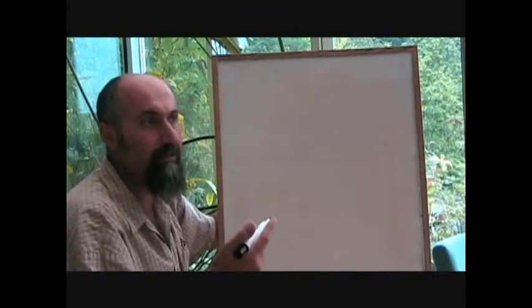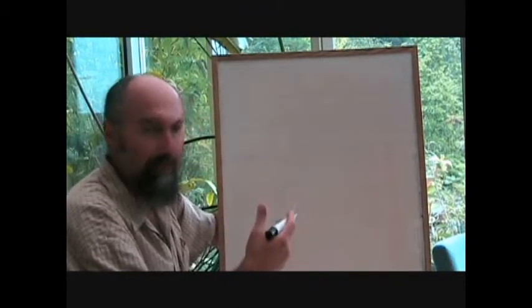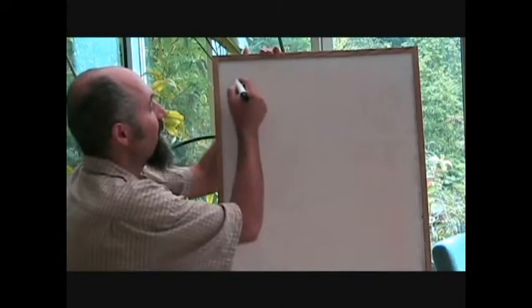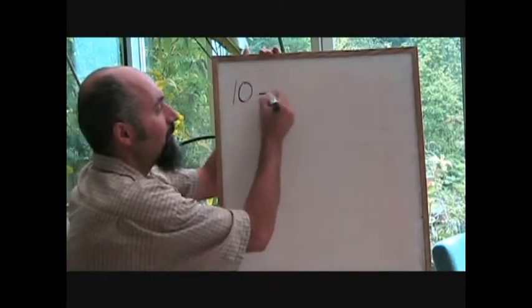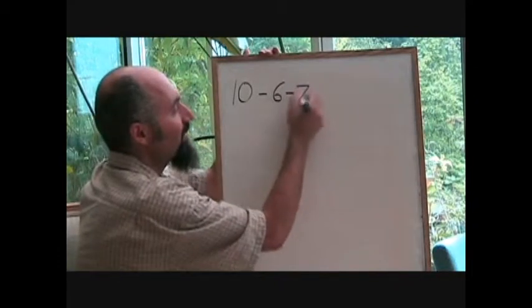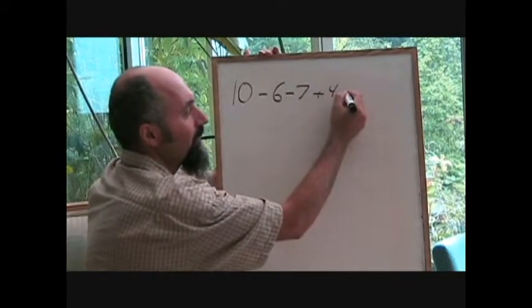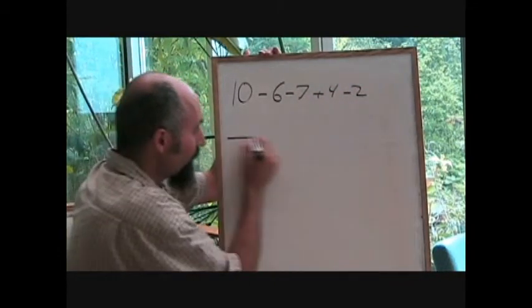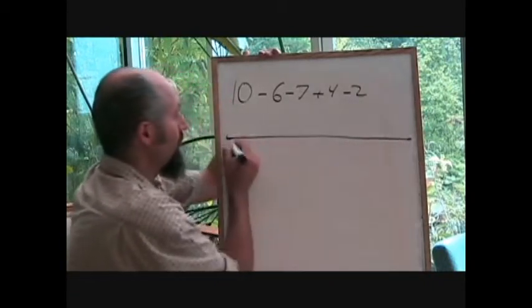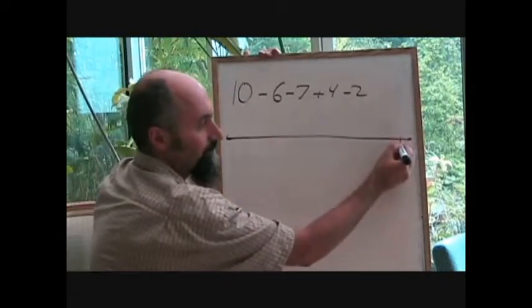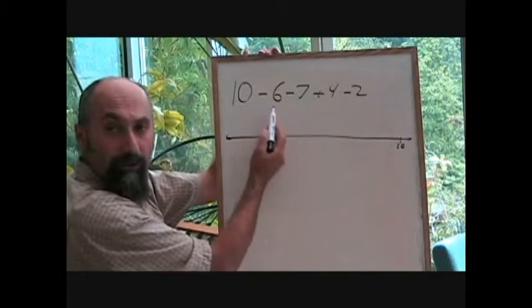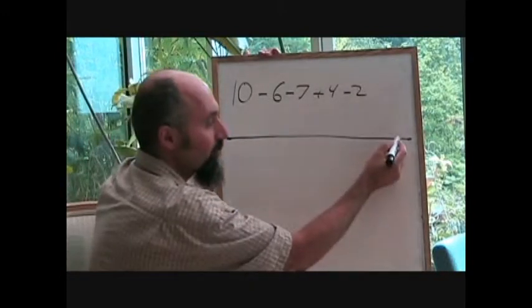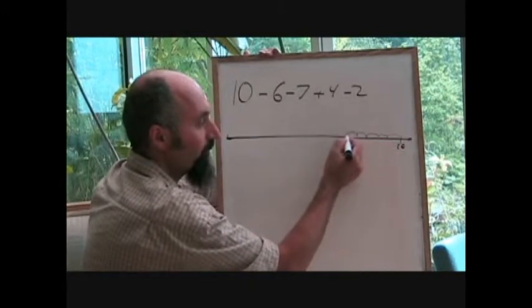Let's try 5 or 6 numbers together, switching between them. So let's say you had negative 10 minus 6 minus 7 plus 4 minus 2. If you do your number line here, start off at negative 10. What you're going to do is go back 6. So 1, 2, 3, 4, 5, 6.